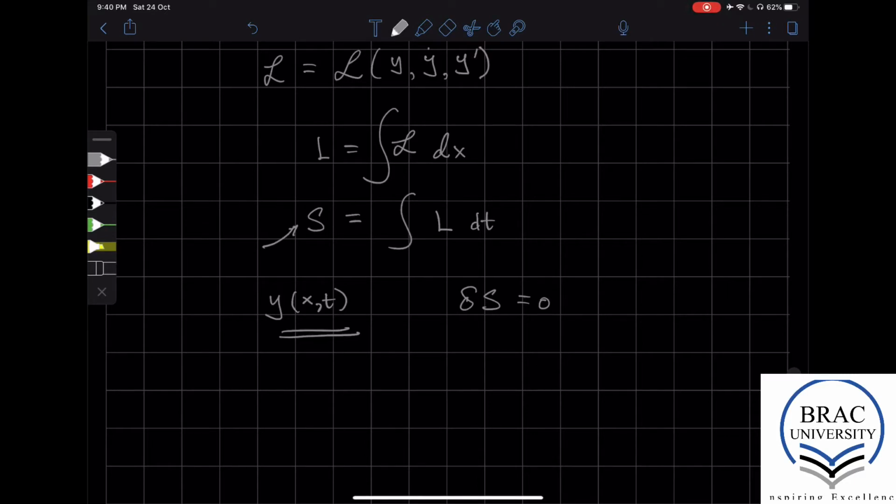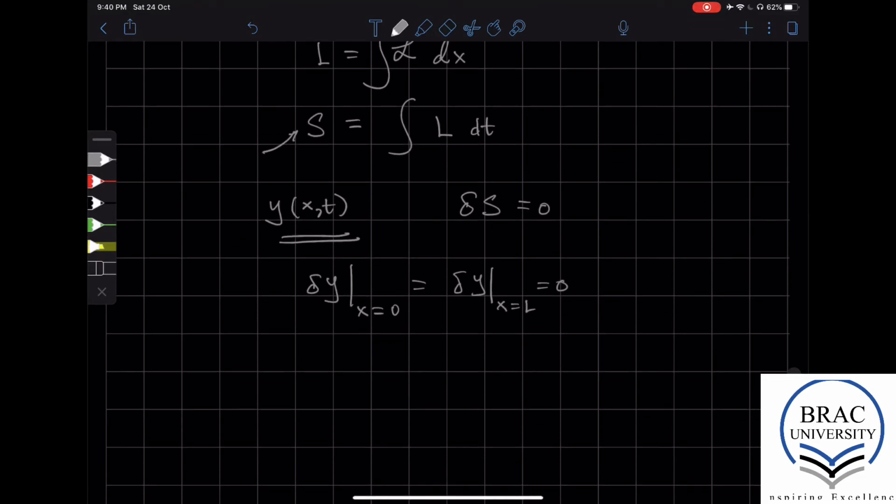And subject to the boundary conditions that delta of y at the boundaries, which in our case, if it's a string of length, say L, means that at x equals 0 and at x equals L, the variation of the string is 0.